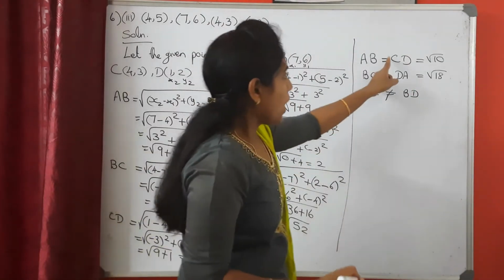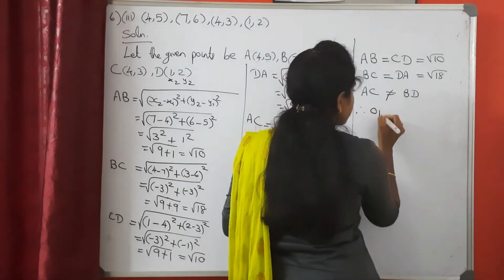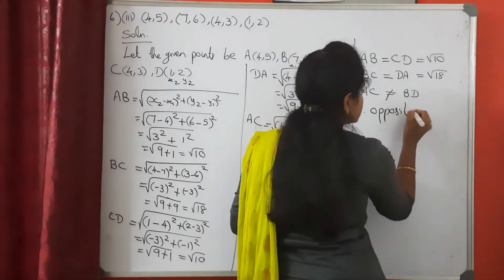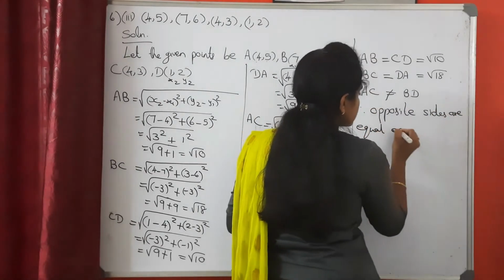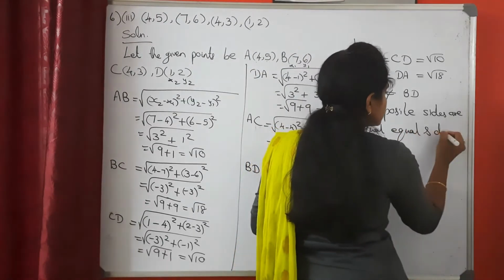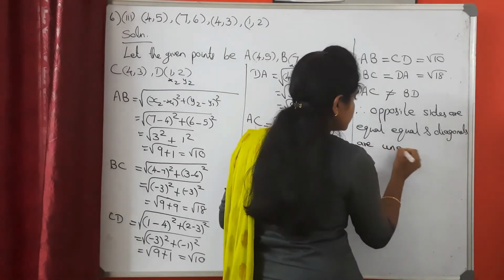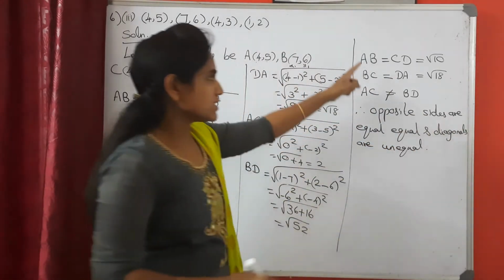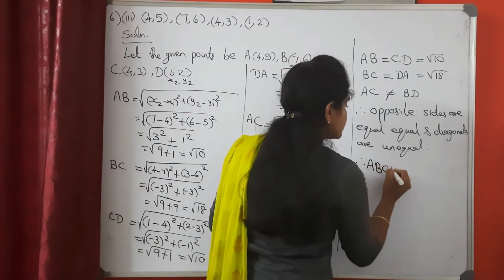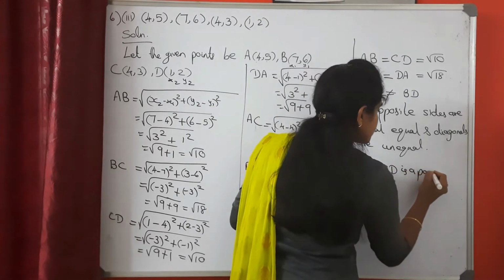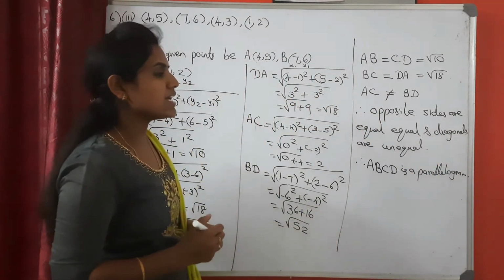That means opposite sides are equal and diagonals are unequal. Therefore, ABCD is a parallelogram.